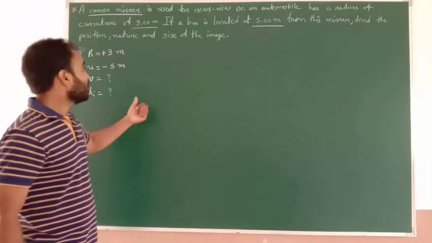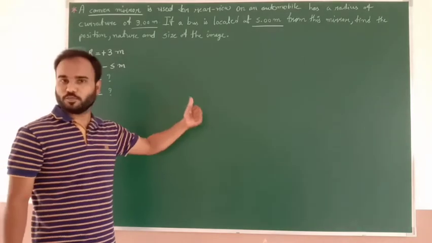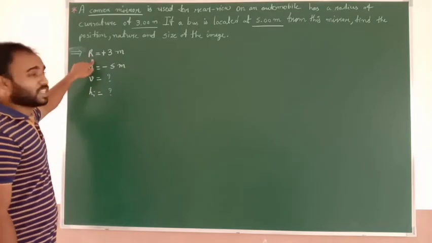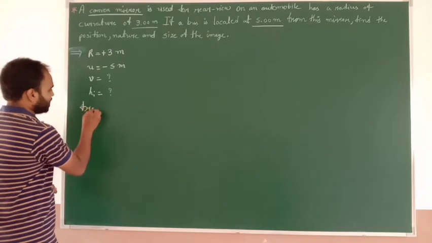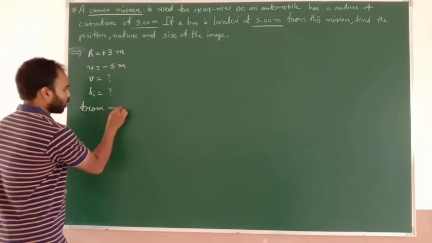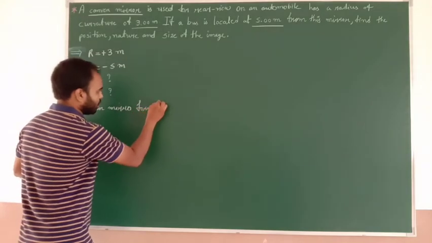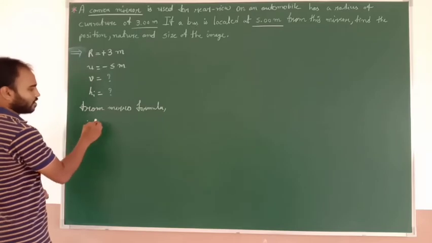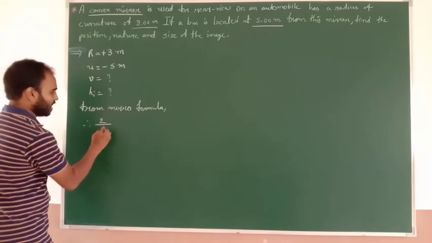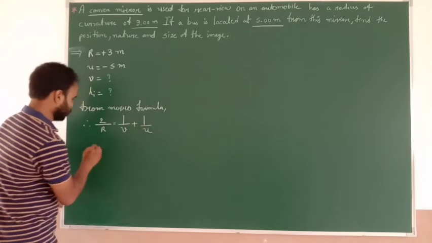So the mirror formula we have, that is 1 upon f is equal to 1 upon v plus 1 upon u. But as f is not given, r is given, so we have the formula 2 upon r is equal to 1 upon v plus 1 upon u.